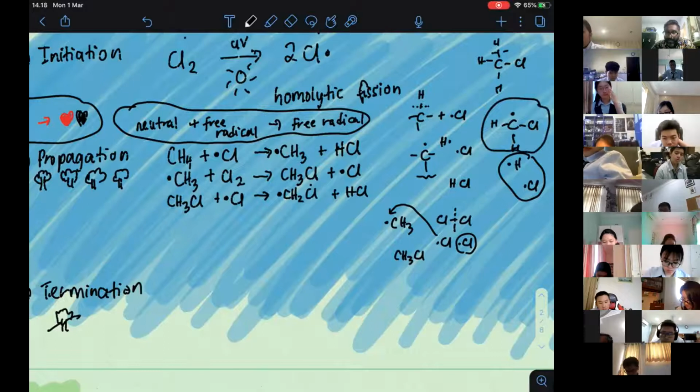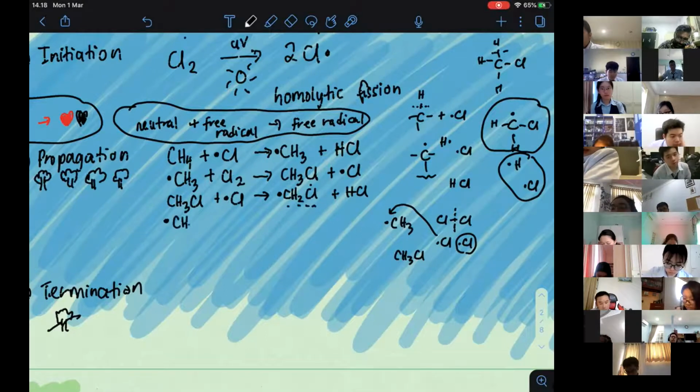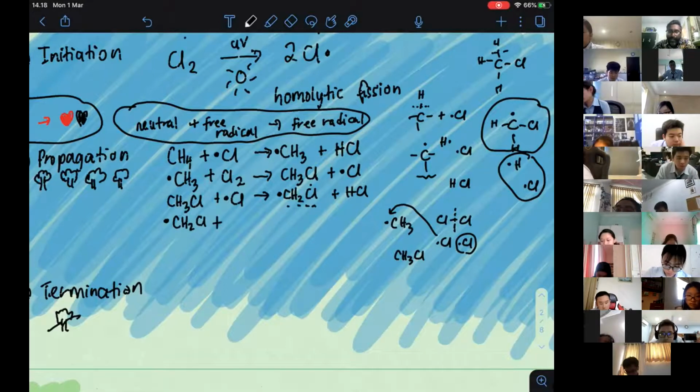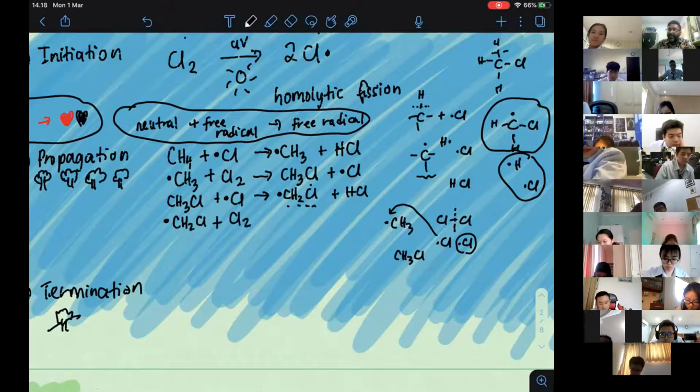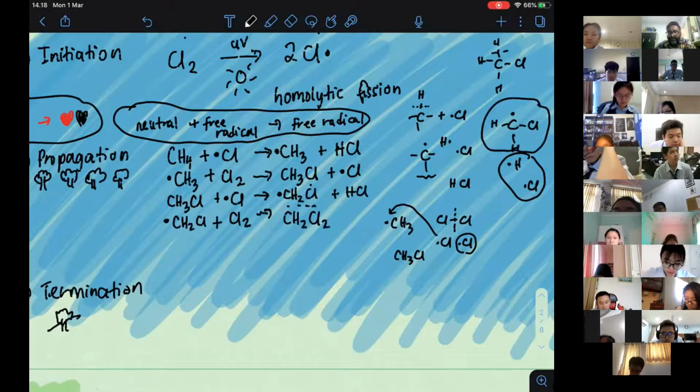Can you see? So what's next? Take this one, CH2Cl, plus what, Jordan? You plus Cl2. Yes, free radical with neutral. And you are going to get the Cl will go in. You get CH2Cl2. Earlier there was one Cl, now another Cl will go in.